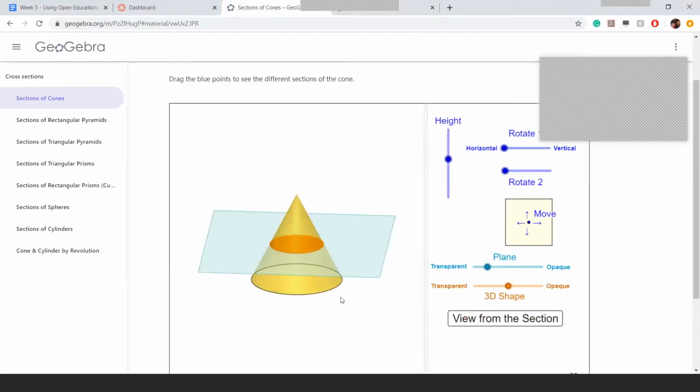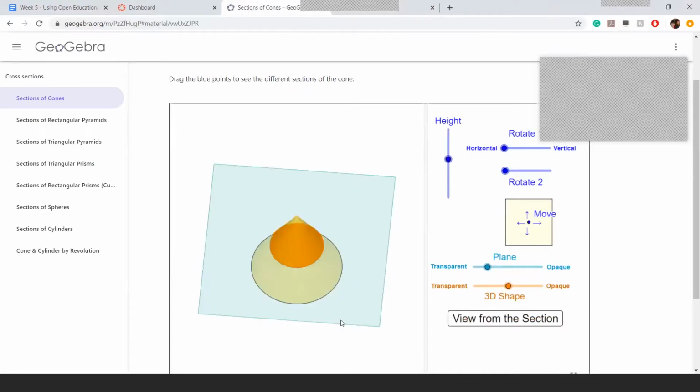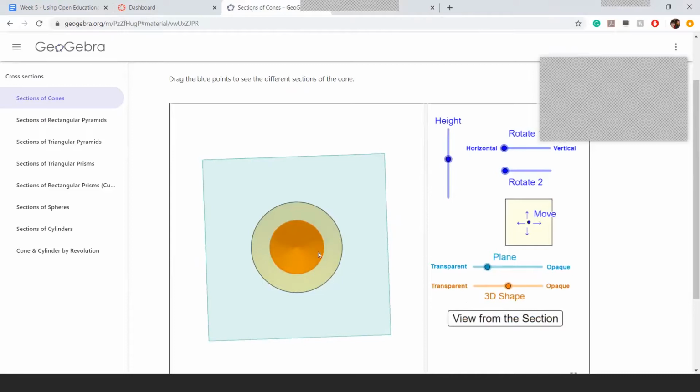And how I can tell what the shape is in this little tool is I can actually rotate it upwards. And what we can see here is that if I cut through a cone horizontally, I actually get a nice circle shape right here. So when I make that horizontal cut, you get a circle as your cross section.